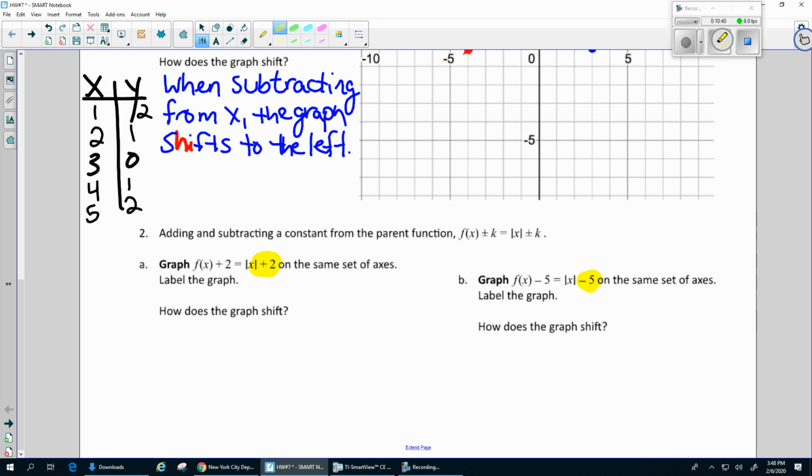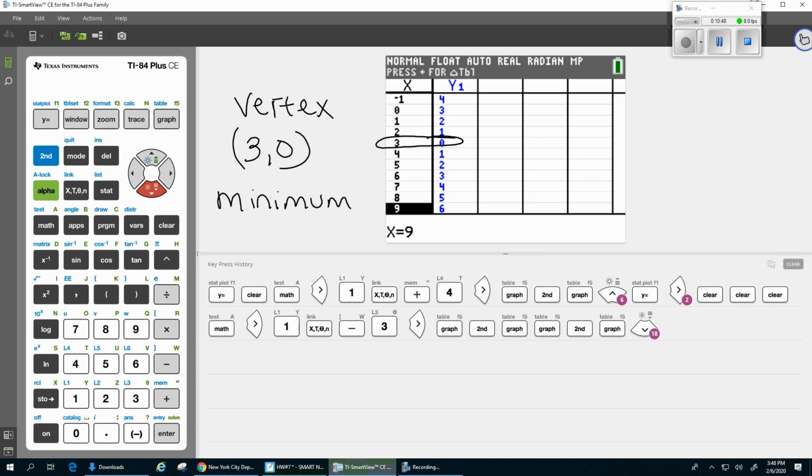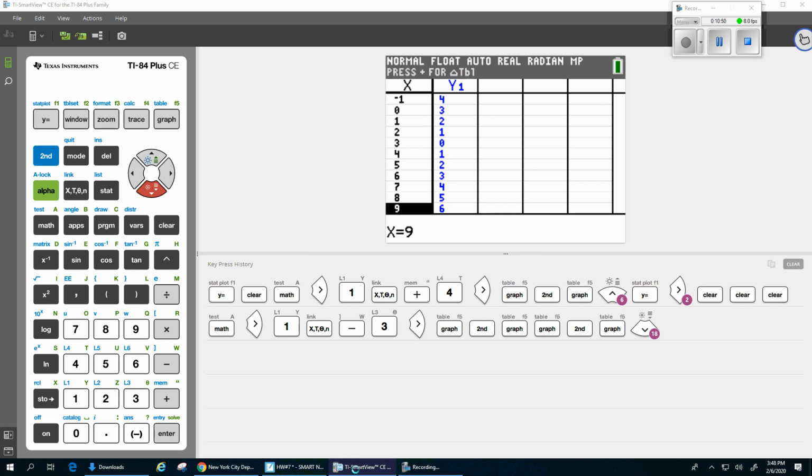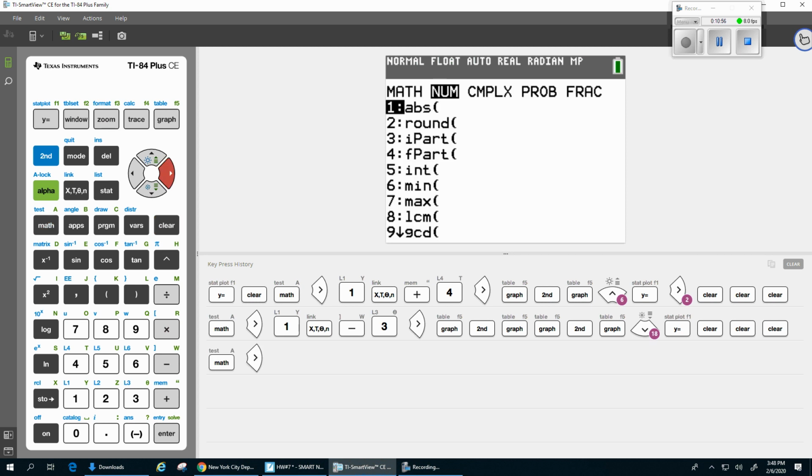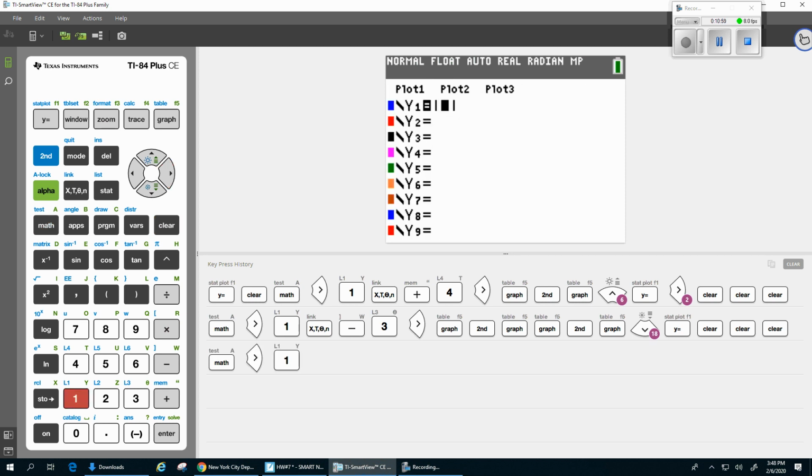Okay, well, let's enter our first equation into our calculator where we're adding outside of the absolute value. So I'm going to clear my y equals. I'm going to hit math, go over to num, option 1 for my absolute value.